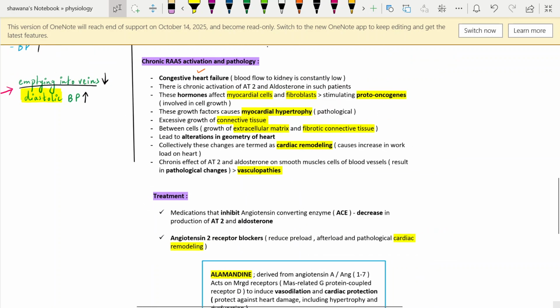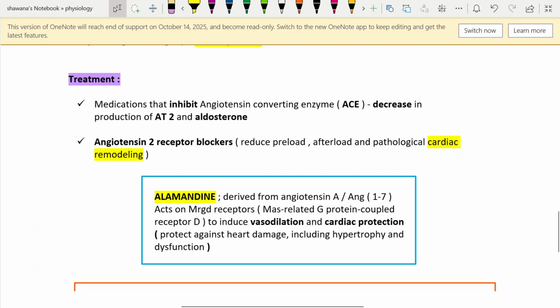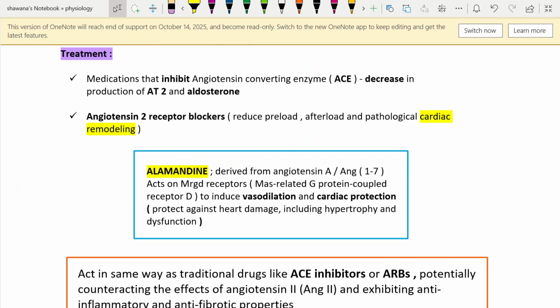In the condition of cardiac remodeling, or the alterations in the geometry of the heart, we need treatment. It's compulsory. So, in your opinion, what is the first approach for the treatment? The medications that will inhibit the angiotensin converting enzyme, because angiotensin converting enzyme converts angiotensin 1 to angiotensin 2, right?